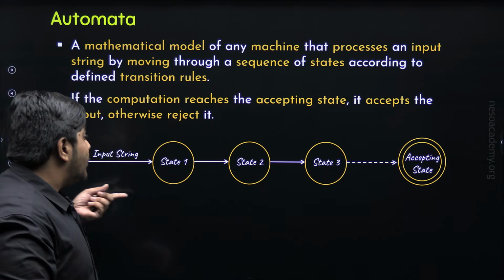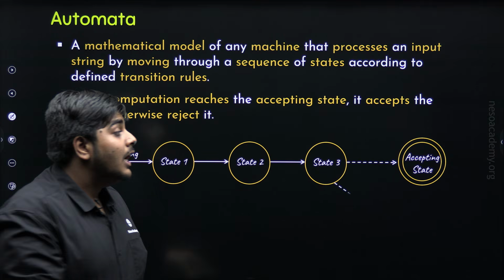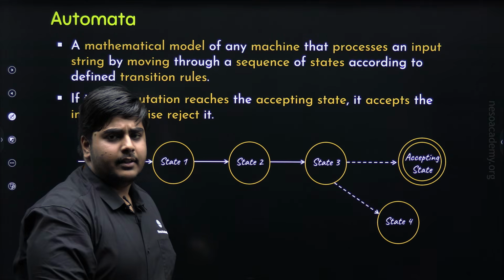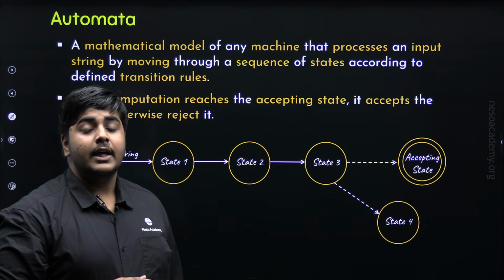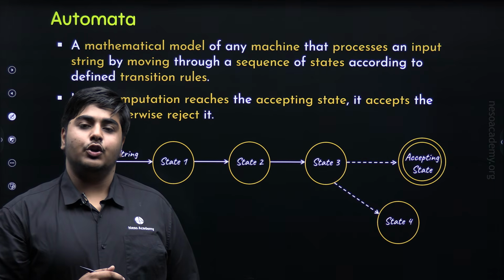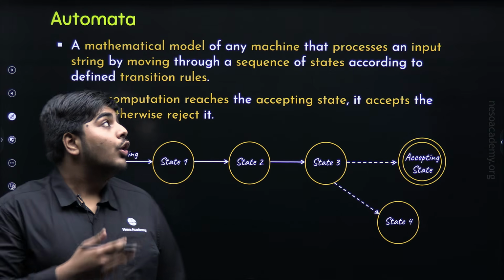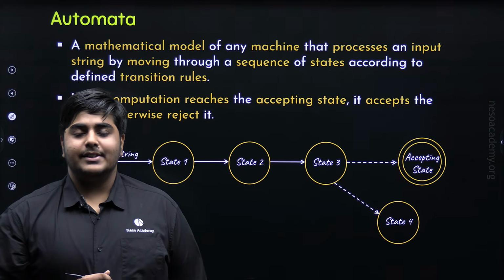And if the processing of the input string stops at any state other than the accepting state, let's say state number 4, then our input string is said to be rejected by the automaton. So now I hope that you all have understood what is an automata and how it works.